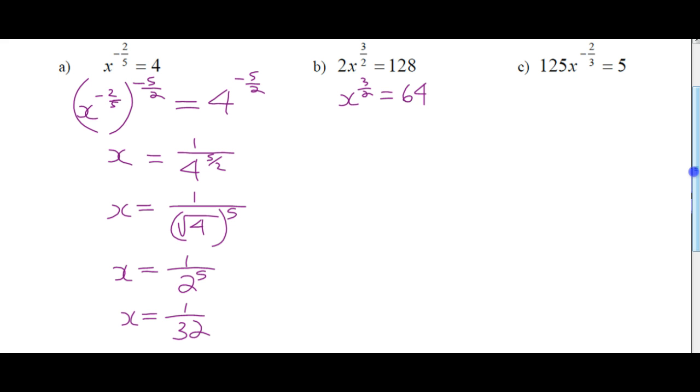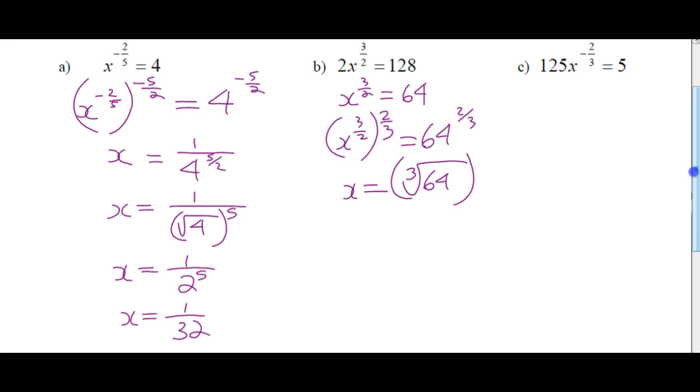Get rid of that number. Just divide both sides by 2. Now we can just go along with the 3/2 to the 2/3, 64 to the 2/3. 3/2 times 2/3 is 1, and this becomes the cube root of 64 squared, which is 4 squared, which is 60.